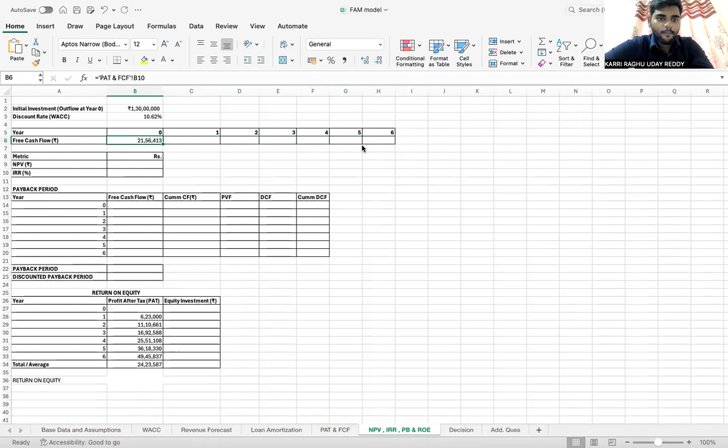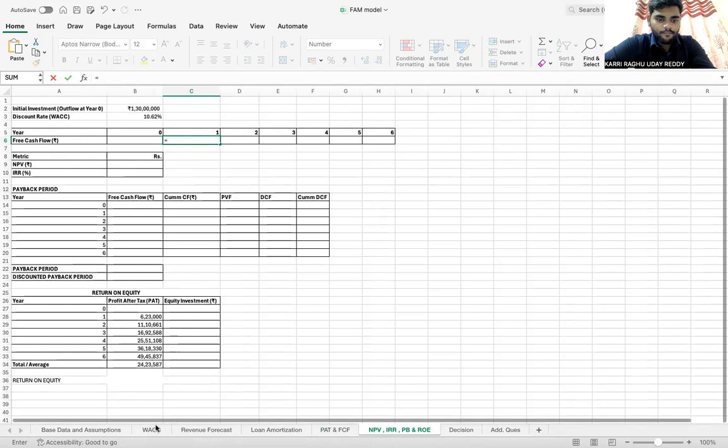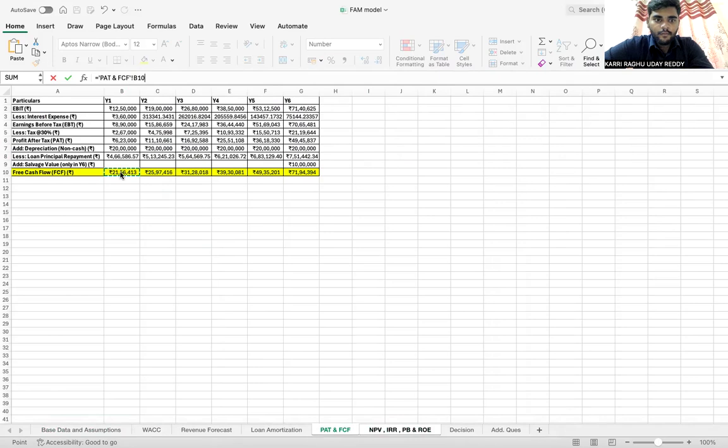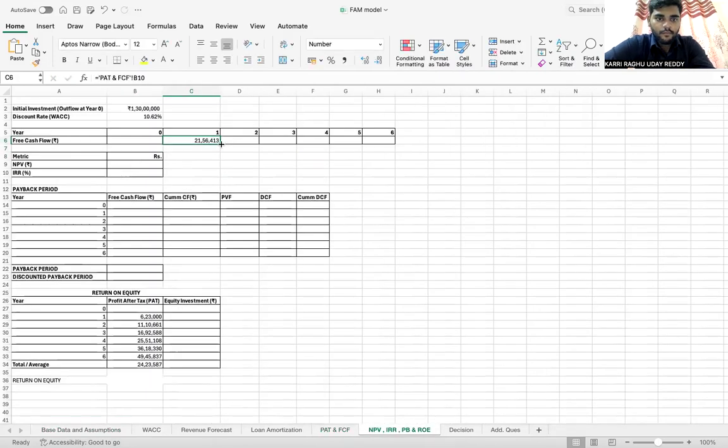No, sorry. From year one, FCF values. So we will drag for the rest of the years. And the free cash flow for year zero will be the negative value of the initial investment. Okay.